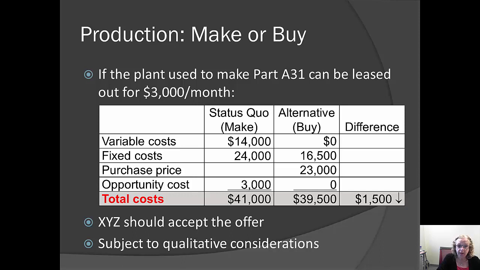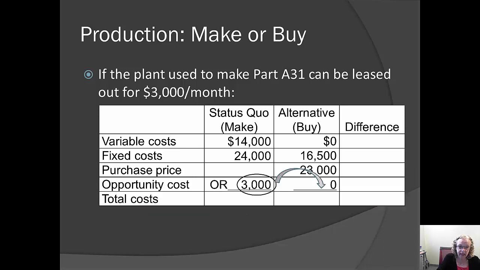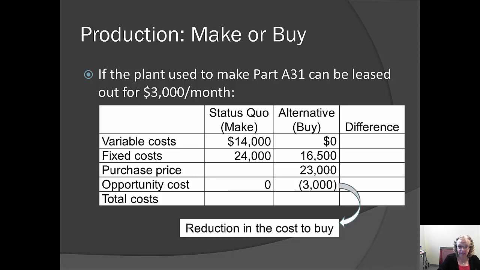Now, there is another way to look at this particular analysis. Instead of treating that $3,000 as an additional cost of making the part, we could think of it as a reduction in the cost to buy the part. In that case, that $3,000 that we get from the tenant reduces the cost to buy.